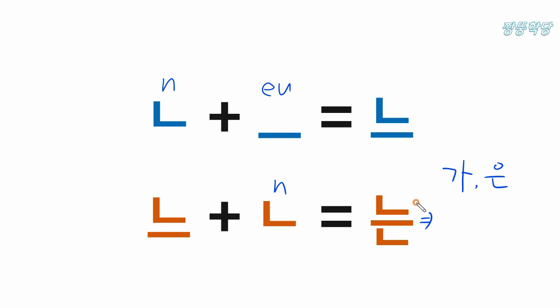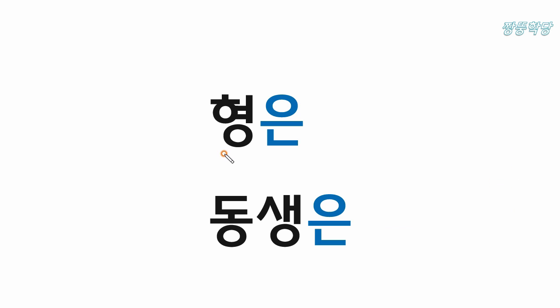But 는 takes the exact same role as 은. Look at this example. 형은, 동생은. When we compare elder brother and younger brother, when we compare two things, we use 은 instead of 가.